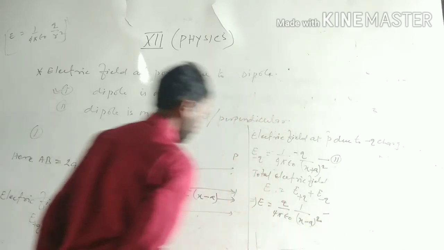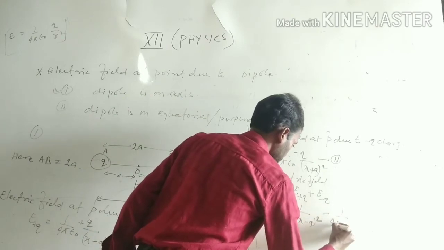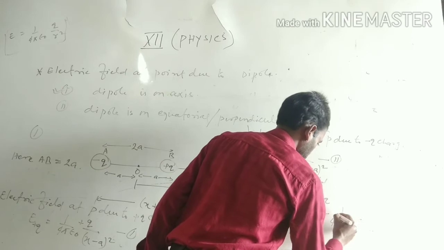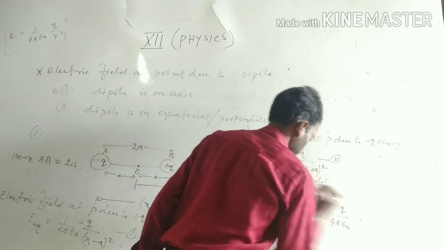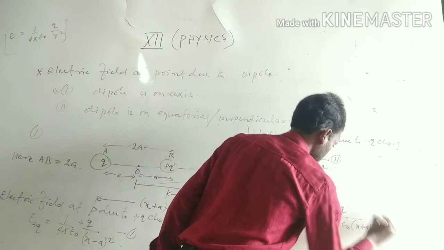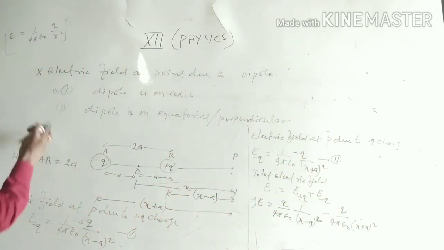For the minus charge, from the second equation, 1 by 4 pi epsilon naught, minus Q, x plus a whole square. It is right.